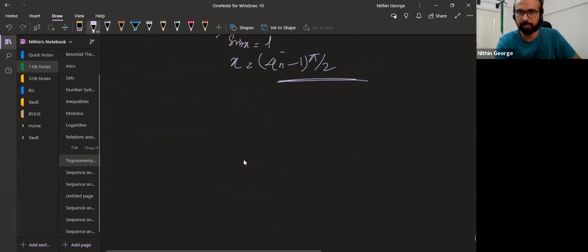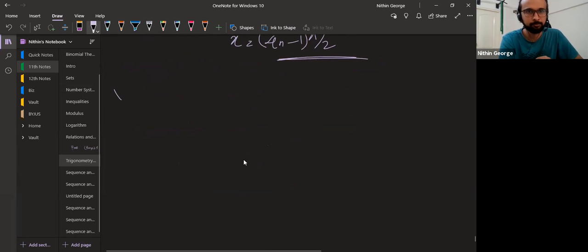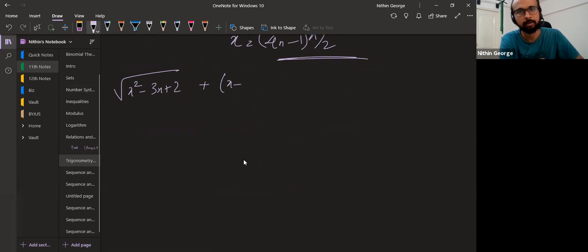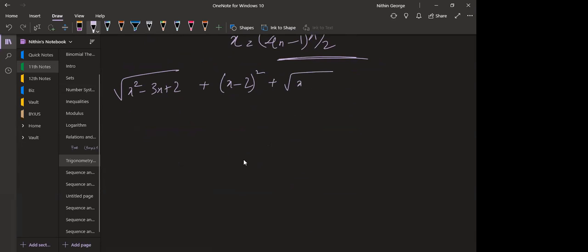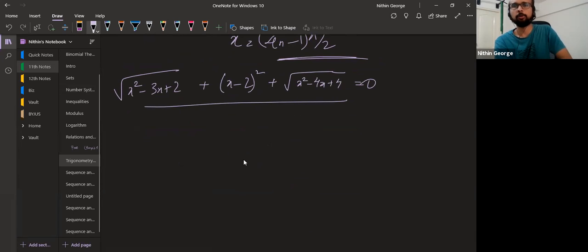Now, if I give you another equation like root of x square minus 3x plus 2 plus... okay. So how do you solve this?